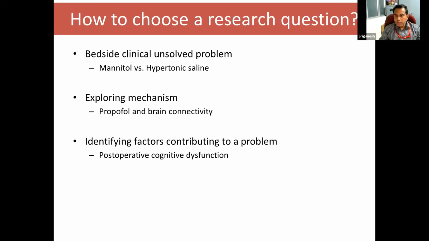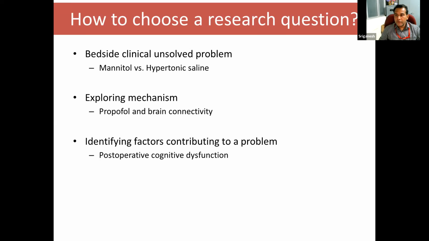Now, when it comes to choosing a research question, these are some of the reasons why a clinician delves into the realm of conducting research. He comes across a bedside clinical problem that is not solved or still ambiguous, such as the example I have given here. You want to administer mannitol for a particular patient, and then someone says maybe hypertension has more evidence in recent times, and you don't know whether to switch over from mannitol to hypertension at bedside during practice.